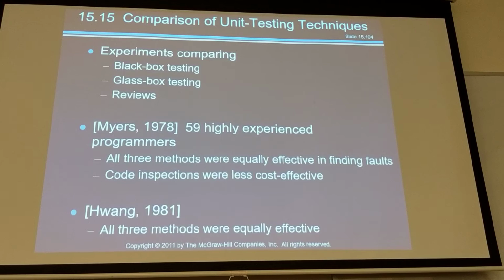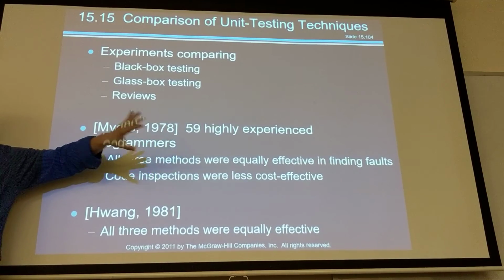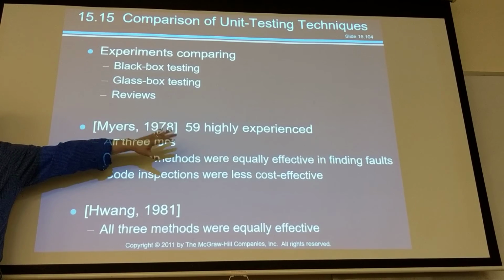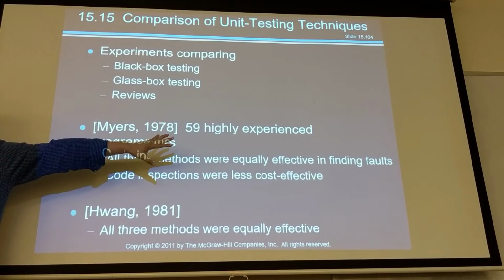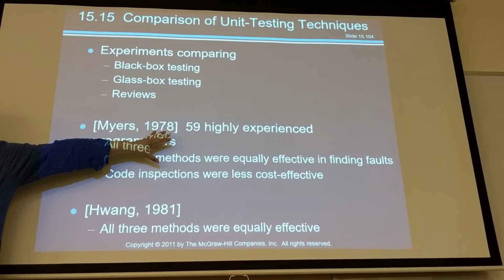So if you look at different unit testing techniques, you have black box testing, glass box testing, and review. Essentially, the idea is, through literature, you can see that from the very beginning of software engineering and software development, this has come to people's mind. This is an important thing. Ever since then, how many, 50 years ago?